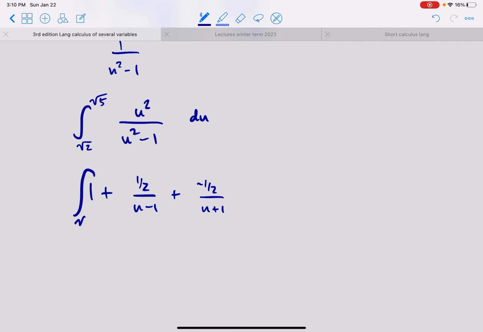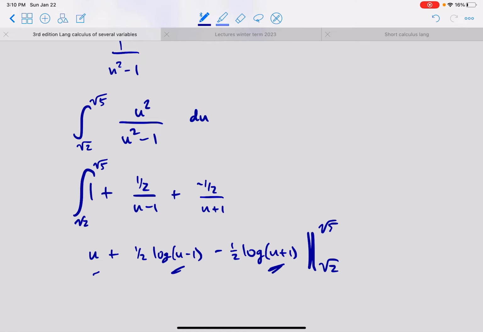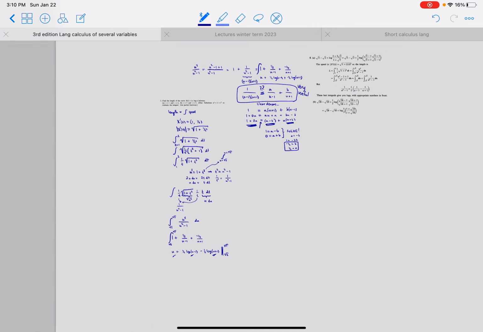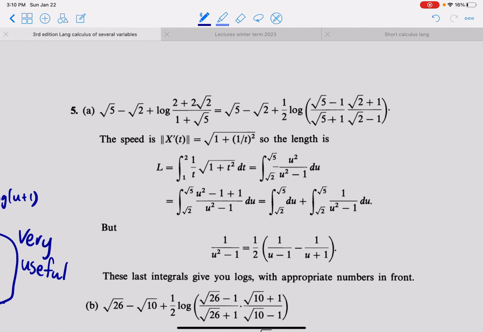And so we get u plus 1/2 log u minus 1 minus 1/2 log u plus 1, and evaluate that from root 2 to root 5, and you should subtract and get the right answer. So let's see if I put root 5s in there, and then some root 2s, and then the log you can divide.